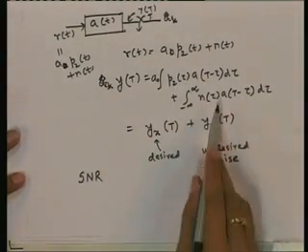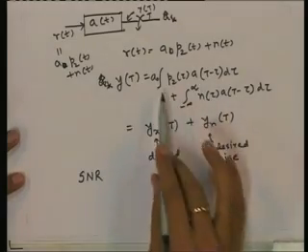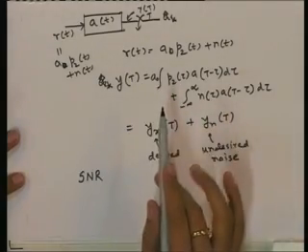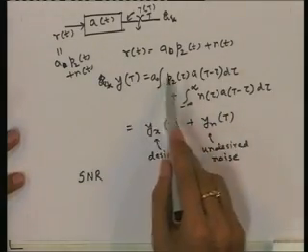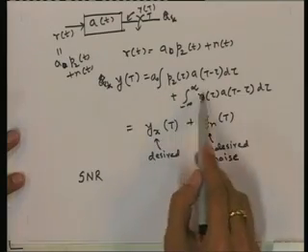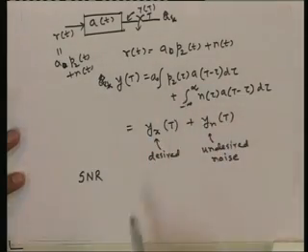But if there is some noise, that will corrupt the value and we will not be able to estimate A naught exactly. We will still divide by this part, but that will give A naught plus some noise part. So how much the noise is compared to the signal part is of interest. That tells us how well we can estimate the symbol A naught.